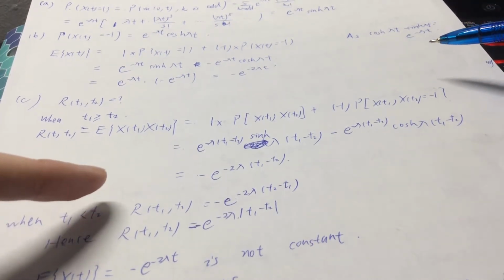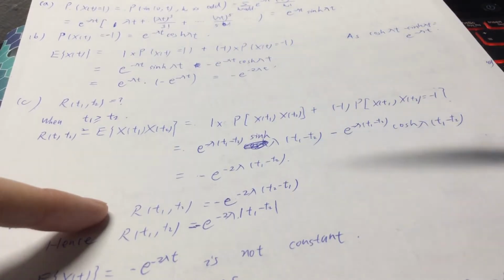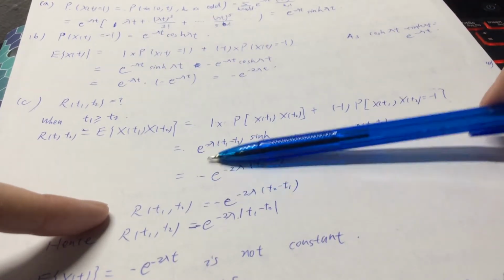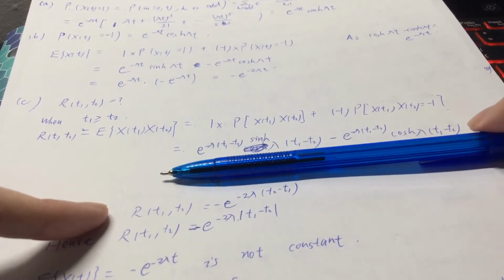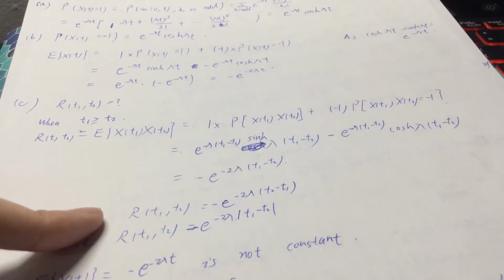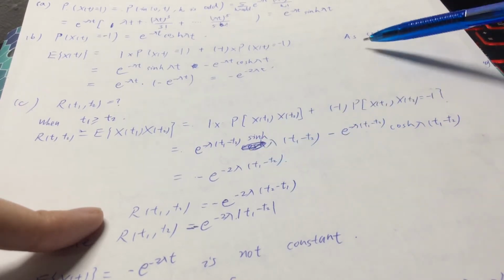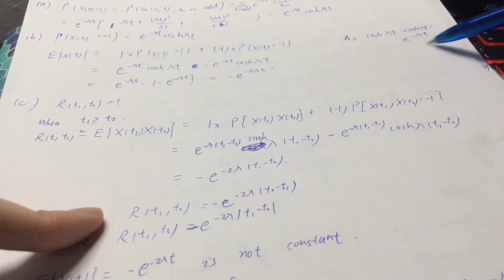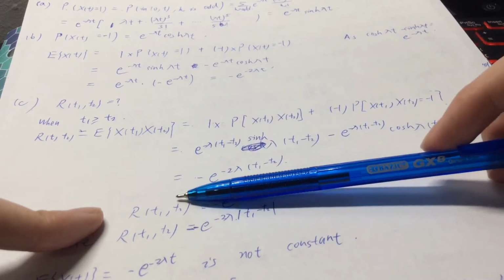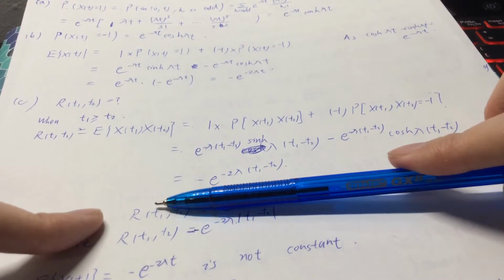Then we substitute the parameters we have derived above into this function, so we can derive the formula on this line. Also using the hyperbolic function we have listed above, we can derive the result on this line.